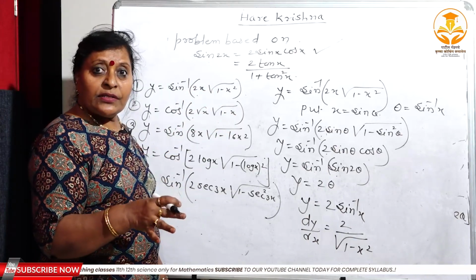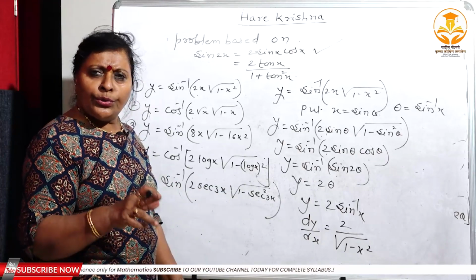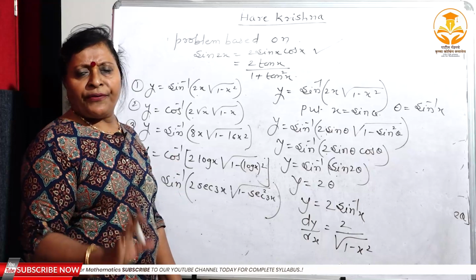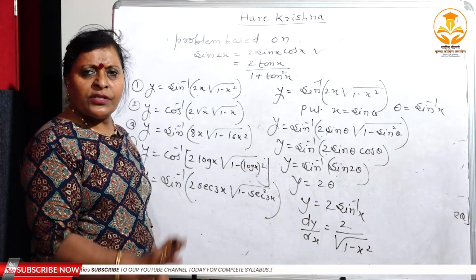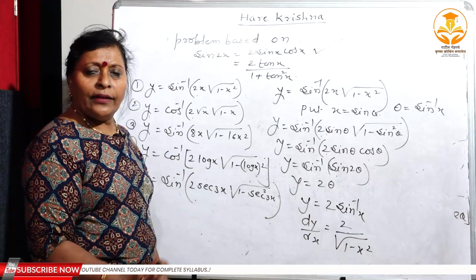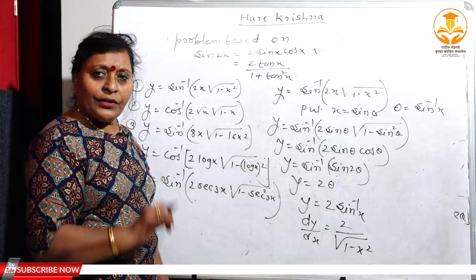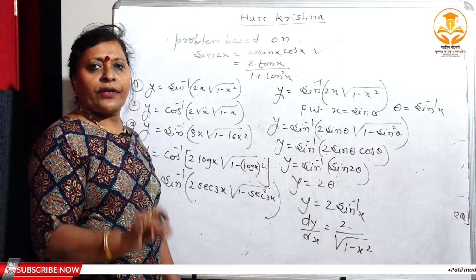Therefore the asset of formulas is very important. You should know every trigonometric formula, that is sin 2 theta, cos 2 theta, tan 2 theta, sin 3 theta, cos 3 theta, tan 3 theta, double angle, triple angle, angle addition, factorization formulas, defactorization formulas.